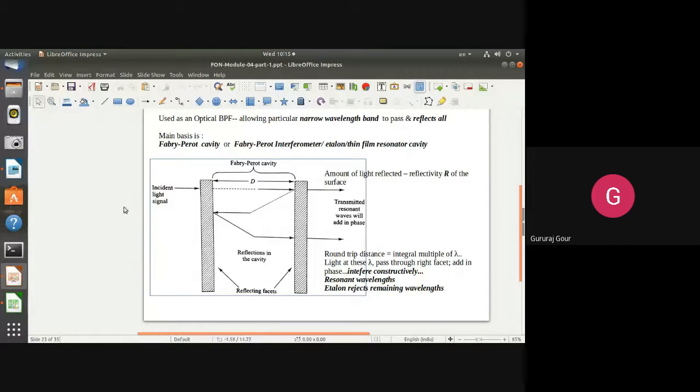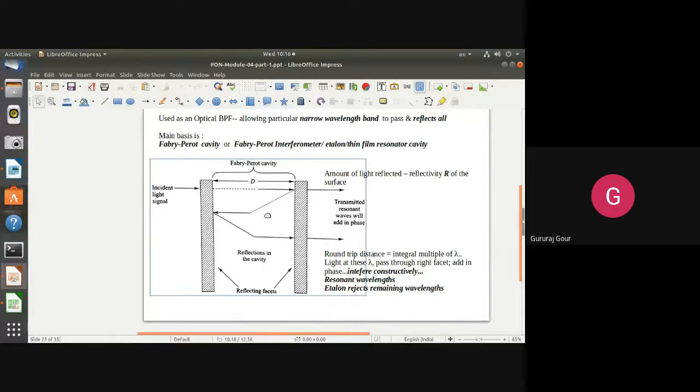This actually depends on the round trip distance, because they are traveling, going and coming back. So only those rays which have the round trip distance as an integral multiple of the lambda, light at these integral multiples of lambda, pass through the right facet.